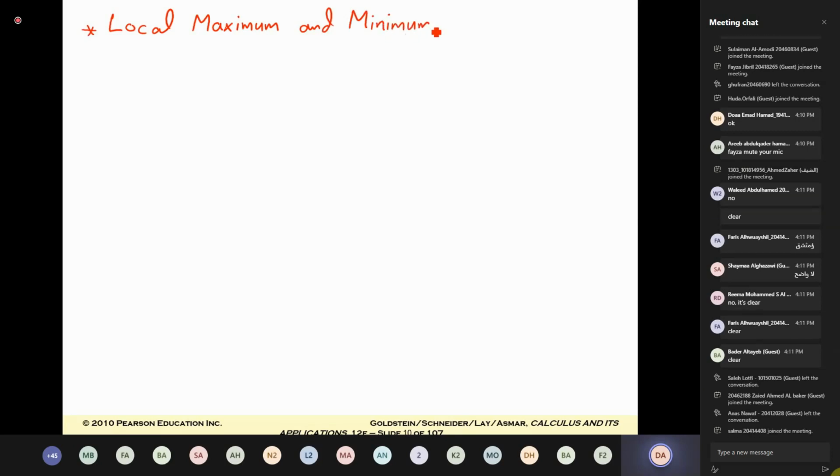Okay, so local maximum and minimum. This means find the local extrema.